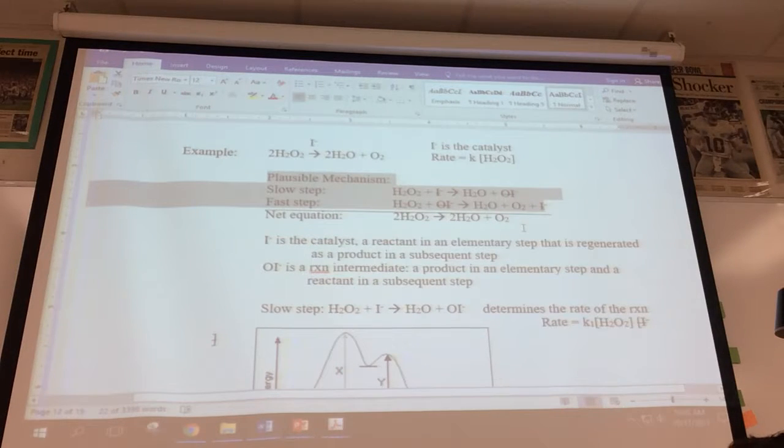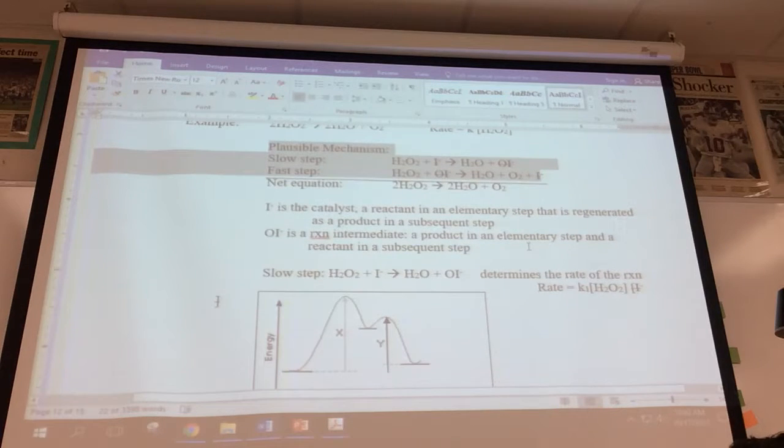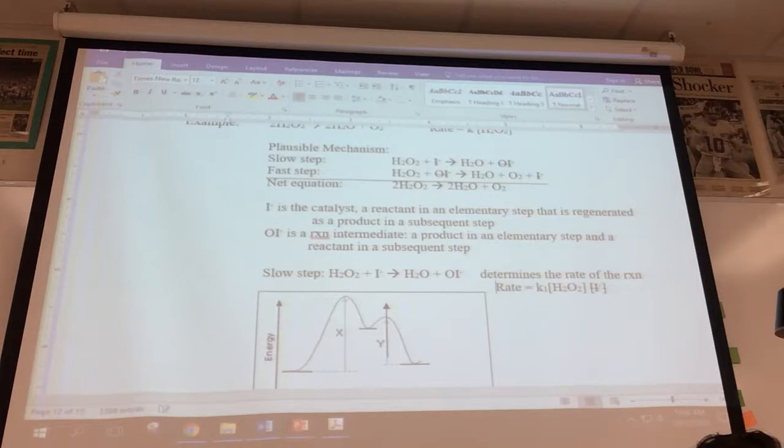So that's the first step. Now you're going to write your rate law from the slow step. So what you've got here is you're writing the rate law from here.